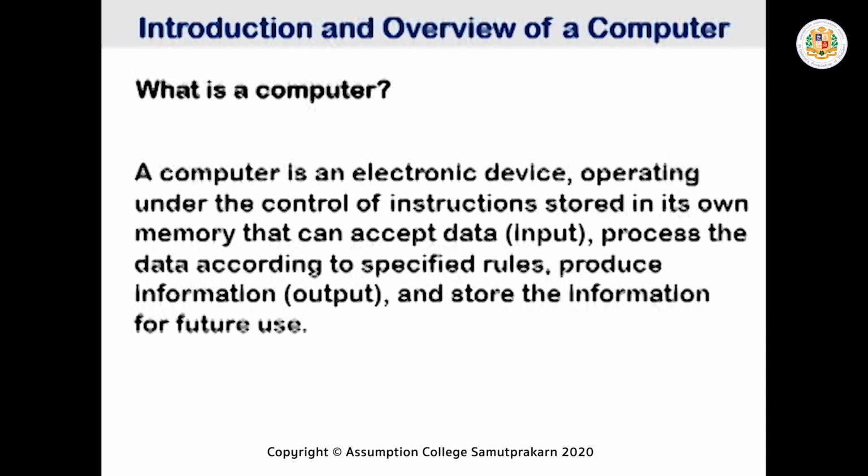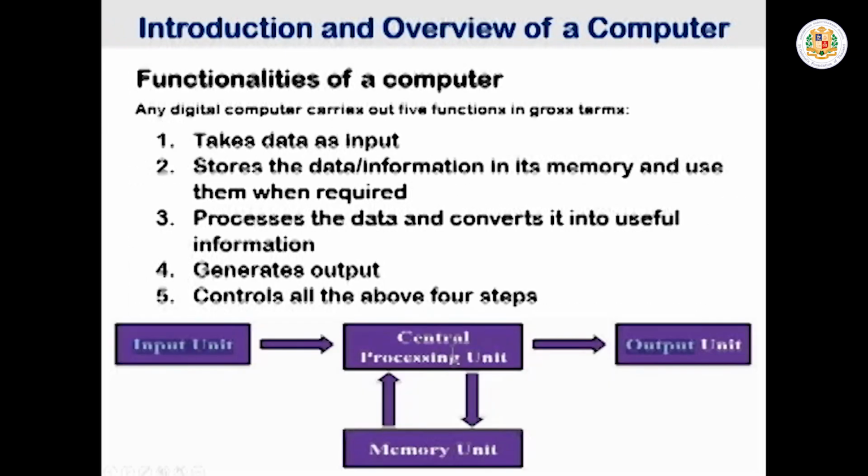Then it processes the data using the processing devices, such as the CPU or the processor. Then after that, it creates an output using the output devices, such as the monitor, the speakers, projectors, and many more, and stores all the information in the storage devices such as the RAM or the hard disk drive. This is the overall function of a computer.